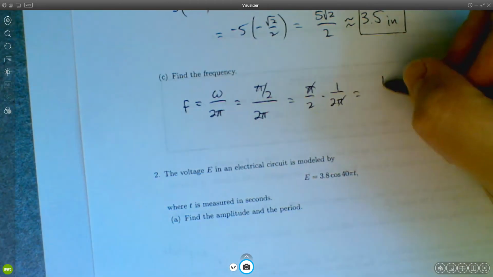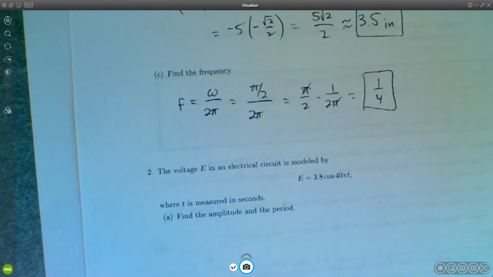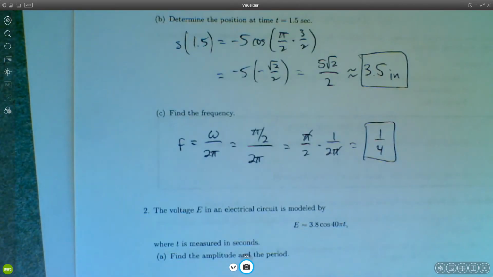Pi's cancel. 1/4. So it makes 1/4 of an oscillation in 1 second. That makes sense, right? Because it takes 4 seconds to do one complete oscillation. So in 1 second, it does 1/4 of an oscillation. So that makes perfect sense.